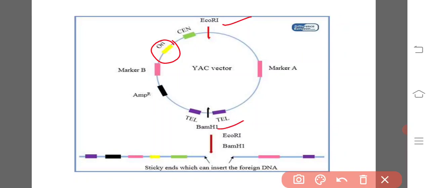They cut the plasmid at specific sites and generate a linear chromosome with two telomere sites at the terminals. The linear chromosome is cleaved at a specific site with the help of selectable markers. Desired DNA is ligated into the YAC, that is yeast artificial chromosome vector. Recombinant vectors are transformed into yeast cells and screened for selectable markers to obtain recombinant colonies.